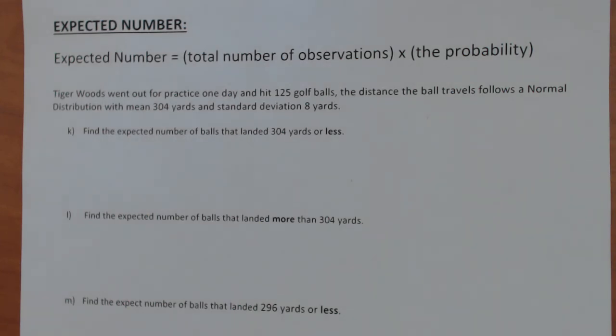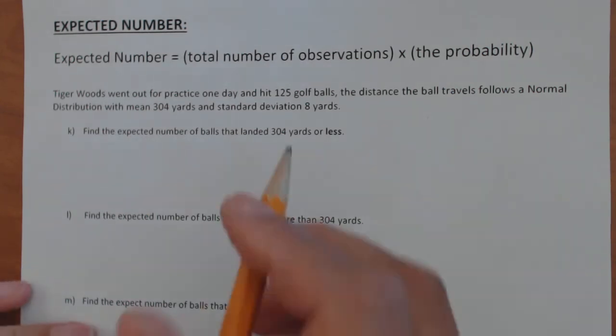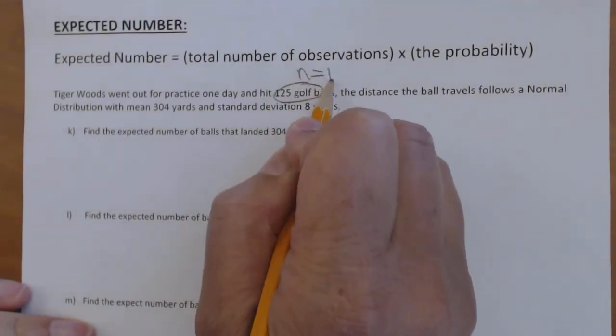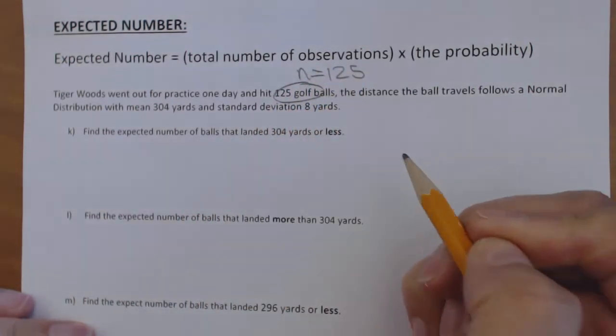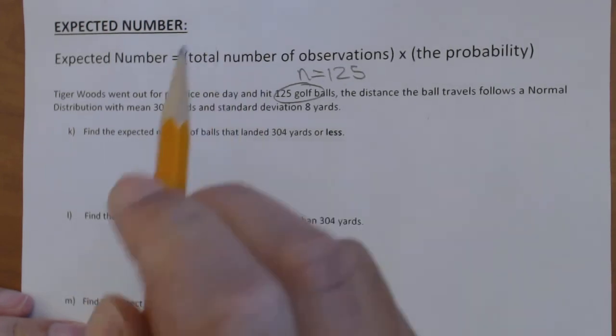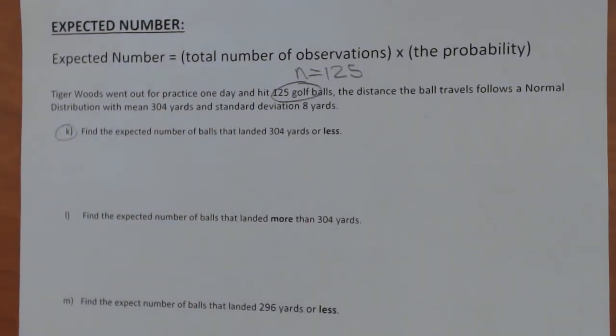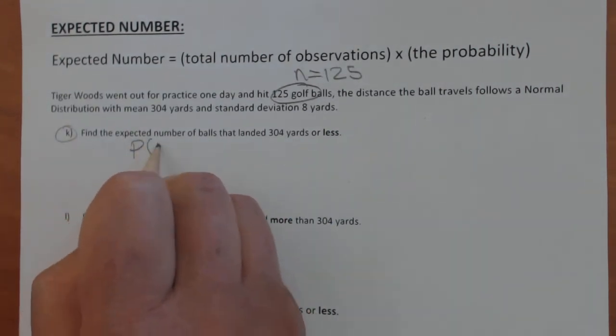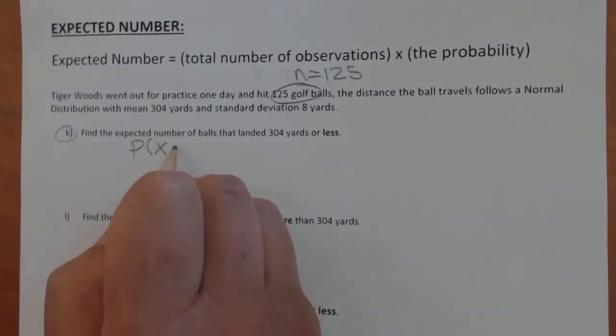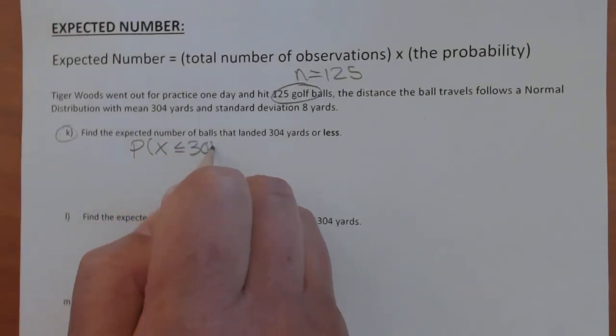So same mean and standard deviation, but we know that he went out and his total number, N, of observations is 125. Let's do K. Find the expected number of balls that landed 304 yards or less. So this was the first example that we did finding probability, and that was X is less than or equal to 304.